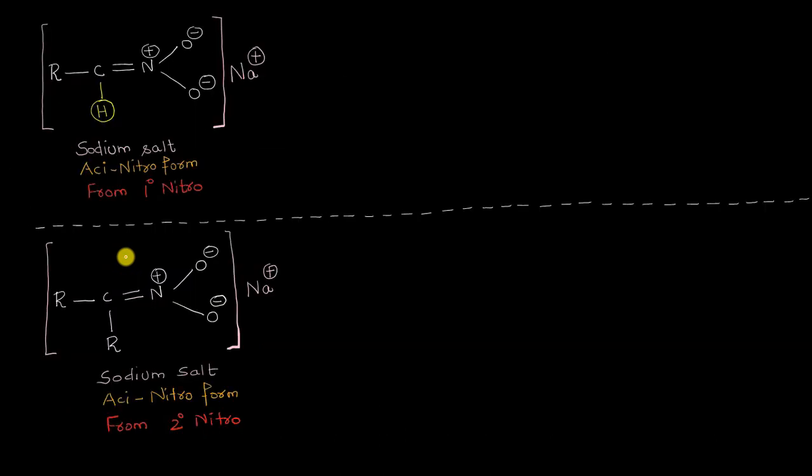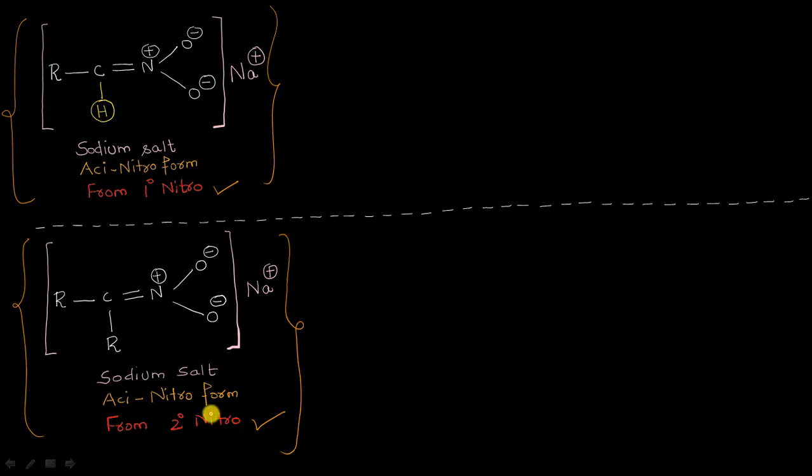On your screen now you can see this is the sodium salt of the ACI nitro form from the primary nitro compound, and this one here is from the secondary type of nitro compound, the same species which we have just encountered on our previous slide. Now the Nef reaction actually starts from this thing here and this thing here.